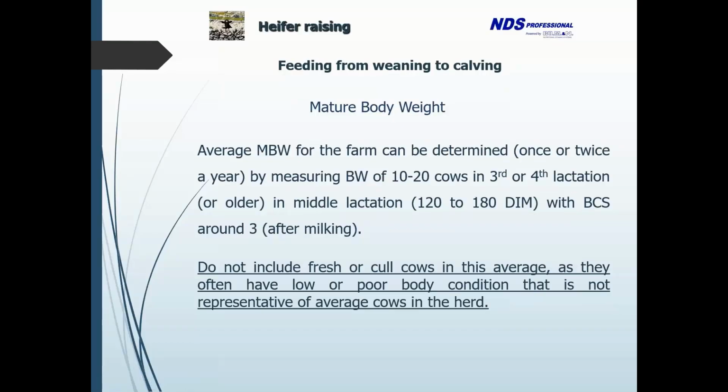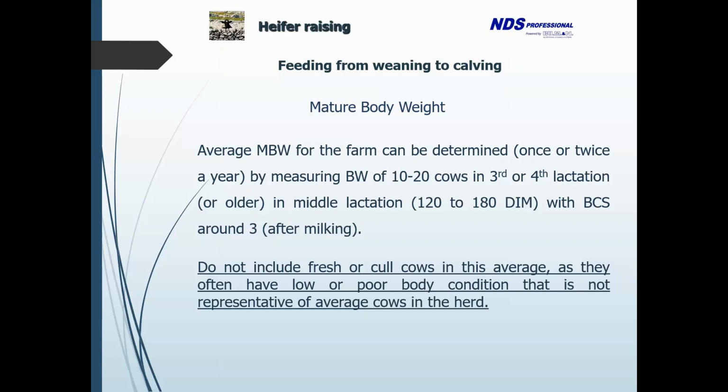The mature body weight for a single farm can be determined, can be measured on a regular basis, once or twice a year, by measuring a number of cows with some specific characteristics.